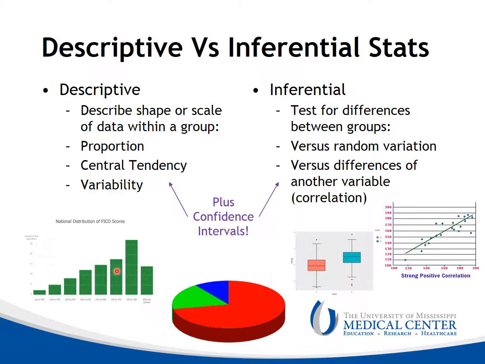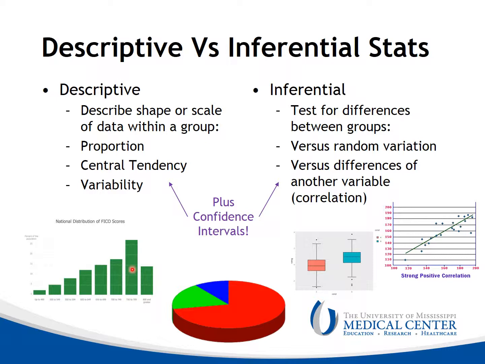And then we can describe also the variability in a result. So, for example, standard deviation or standard error would be measures of how far the data are spread out, or whether they all clump together into just a couple of really tall bars on the graph.